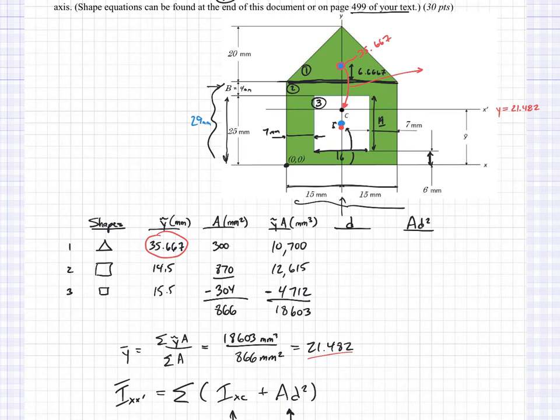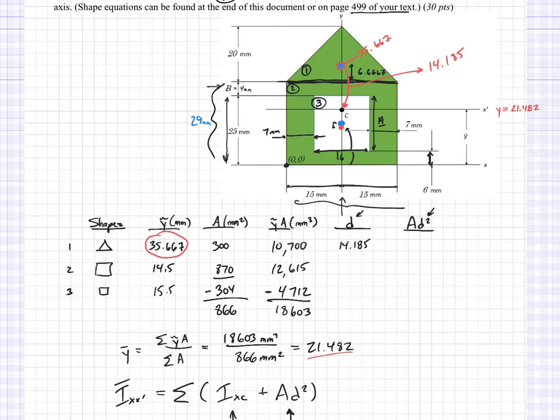So 35.667 minus 21.482, we're going to get 14.185. Okay, so that's going to go right here, 14.185, right? And so if I square that, notice we're not worried about the sign on this because it's going to get squared right here.